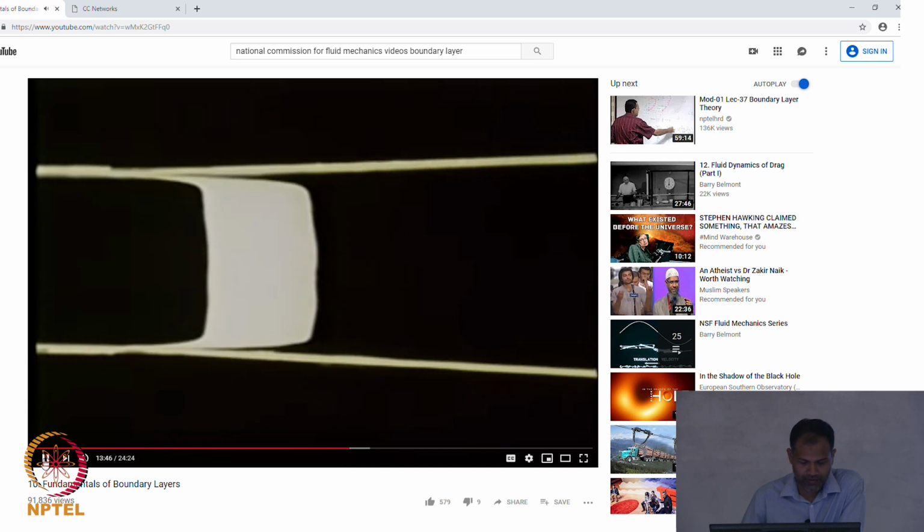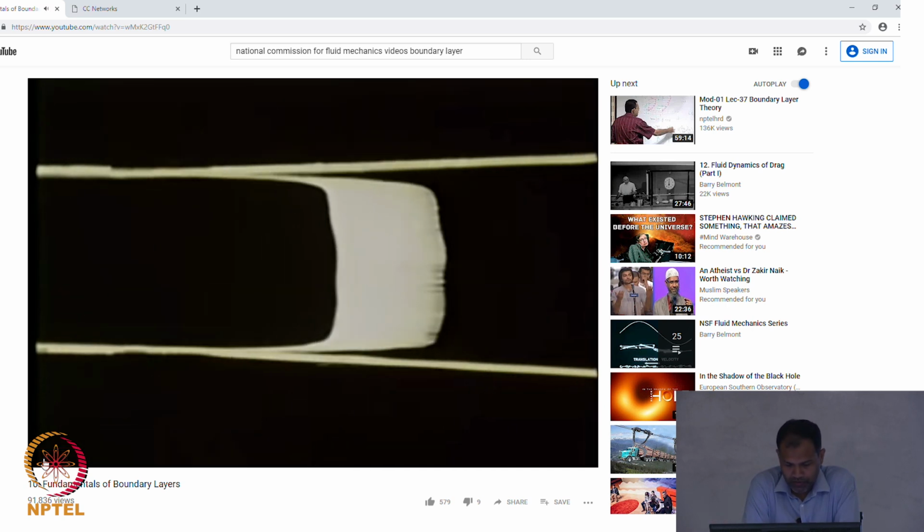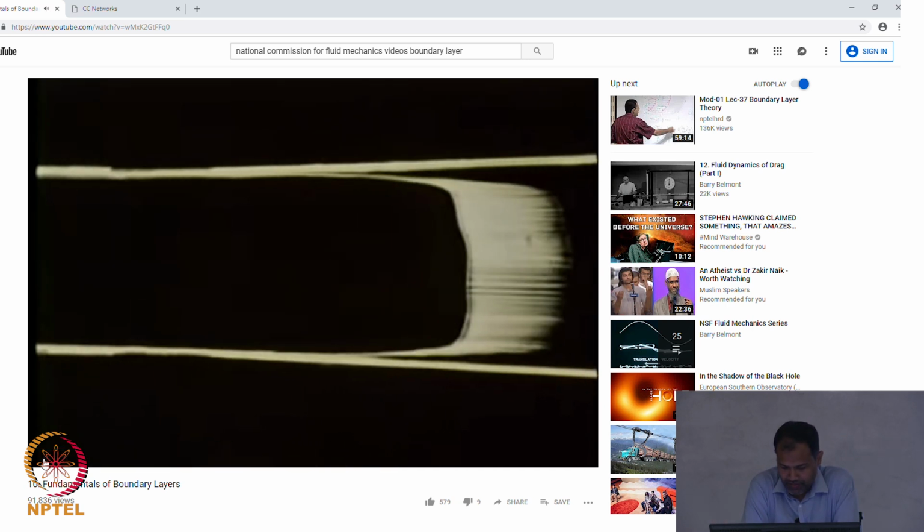Slightly diverging is going to generate a weak adverse pressure gradient, so there will not be any separation, but as divergence increases, you will see the fluid flow separating. Here you can see the boundary layer; this black region is the representation of the boundary layer. The boundary layer grows, but nothing special happens.